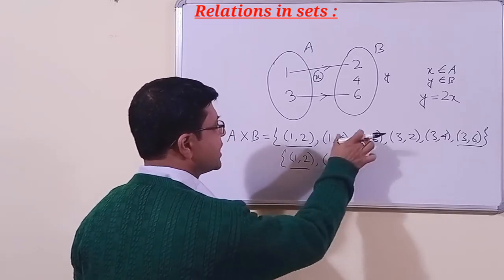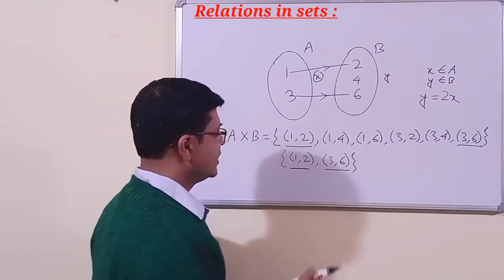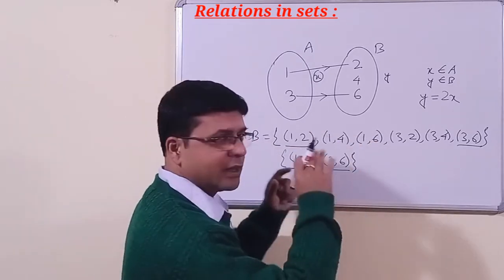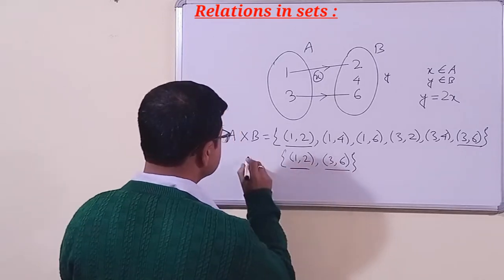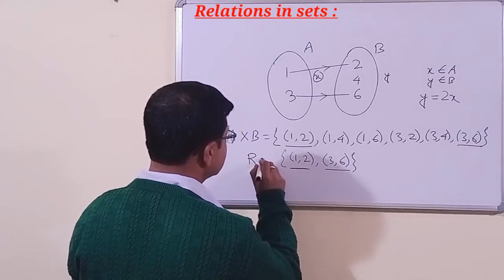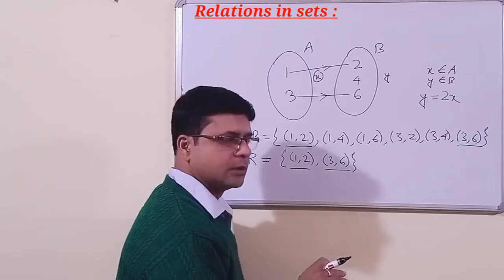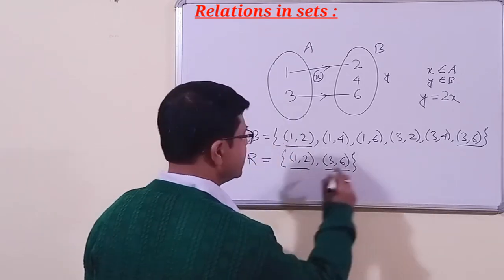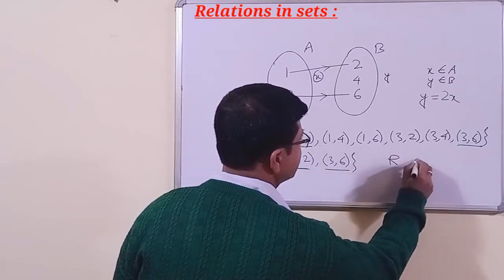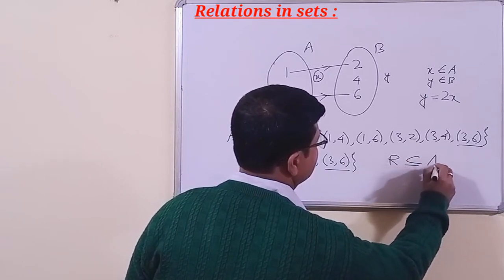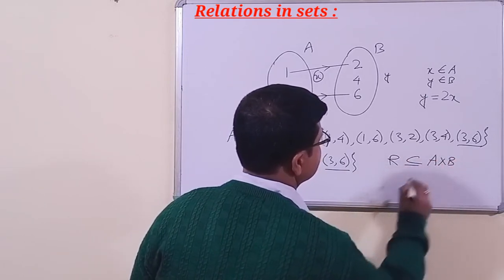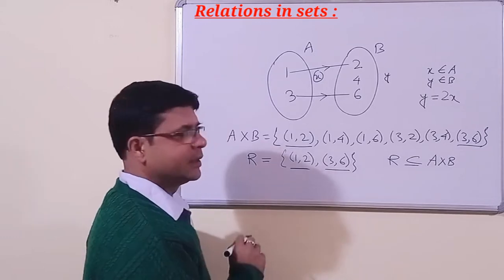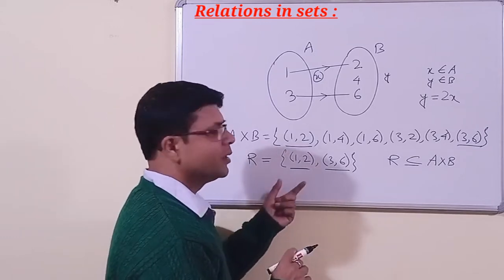This is a subset of A cross B. As we are saying about relation, let us represent it by the symbol R. So we can write that R is a subset of the Cartesian product A cross B.